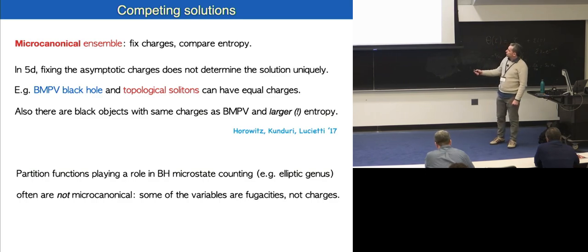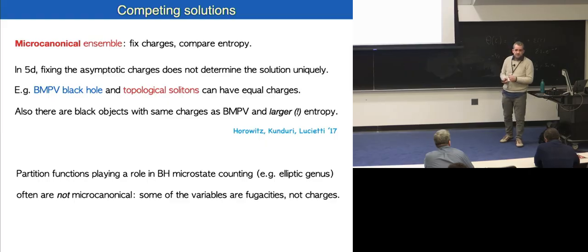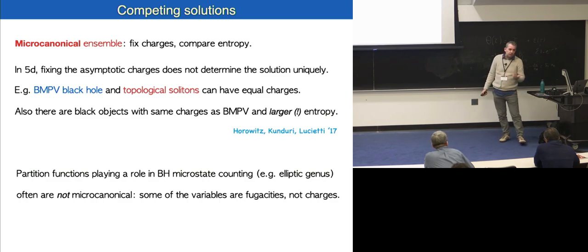So all these statements are in the microcanonical ensemble. I just gave some examples of possible statements that can be made in this ensemble. However, the partition functions that play a role in the black hole microstate counting, at least originally, are defined not really directly in the microcanonical ensemble, because they typically depend on some chemical potentials or fugacities. Consider, for instance, the elliptic genus, depending on the modular parameter of the torus in 2 dimensions for the two-dimensional conformal field theory playing a role in the Strominger and Vafa story.